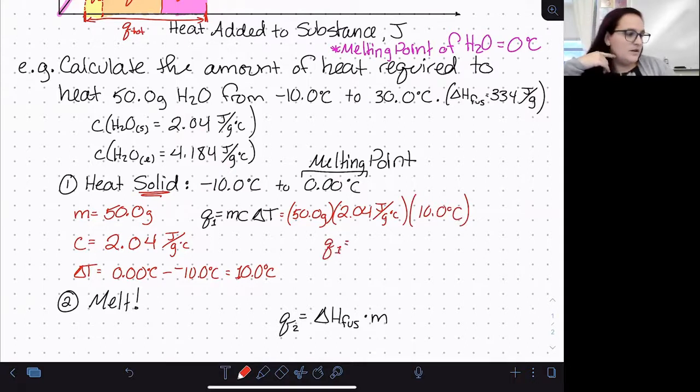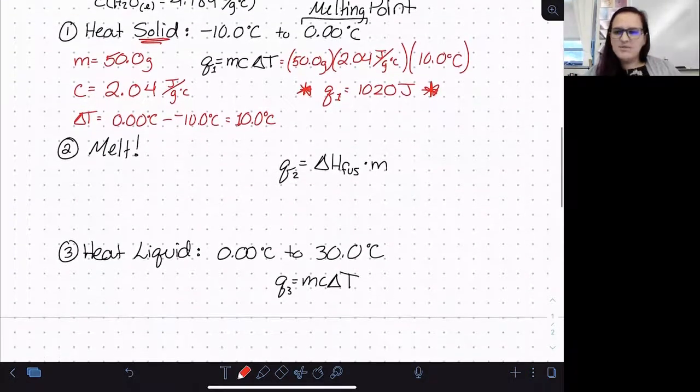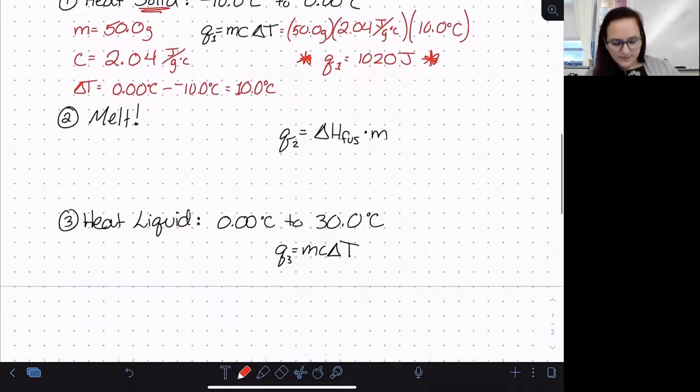So in heating up the water from -10 to 0 degrees, we find that we would need to put in 1020 joules in order to do that. So we're going to need this number later. We'll come back to it. I'm actually going to do step 3 next just because it's really similar.